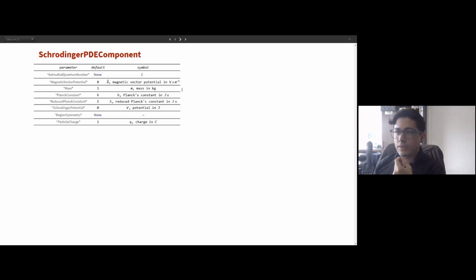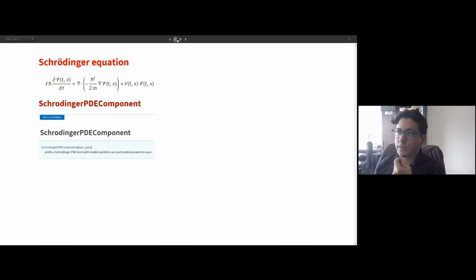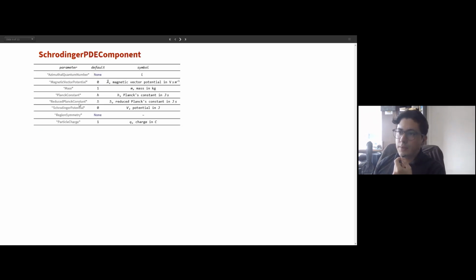The SchrödingerPDEComponent has some parameters. Mainly, the Schrödinger potential is where you specify the potential term, and the reduced Planck constant, or the Planck constant, you can also specify as you like, as well as the mass.